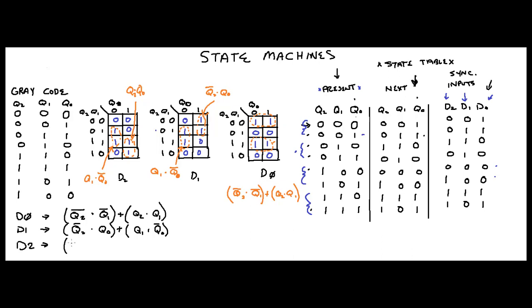We have Q2 dot Q0, or it's going to be Q1 dot Q0 bar.